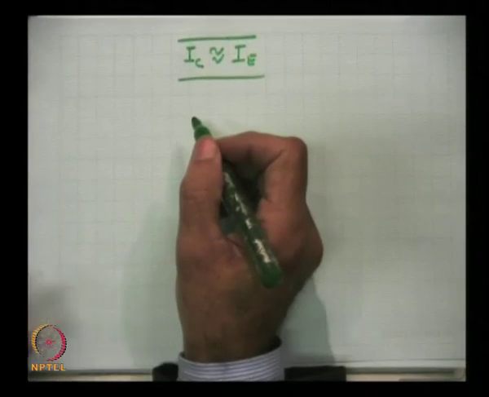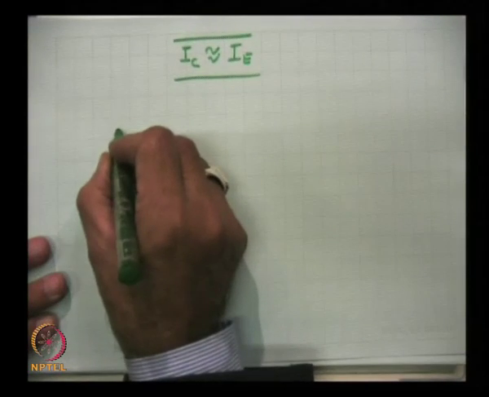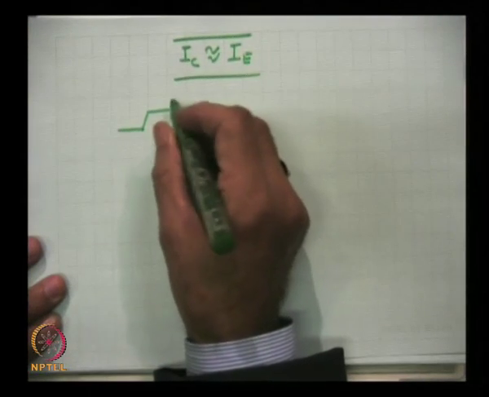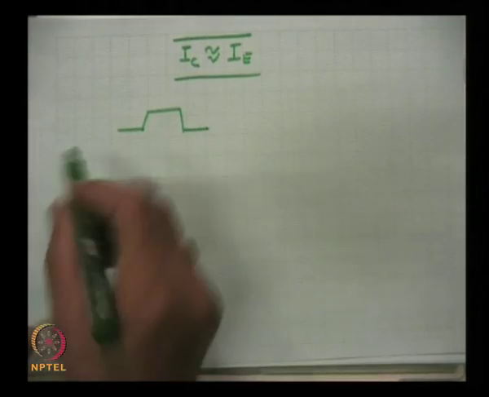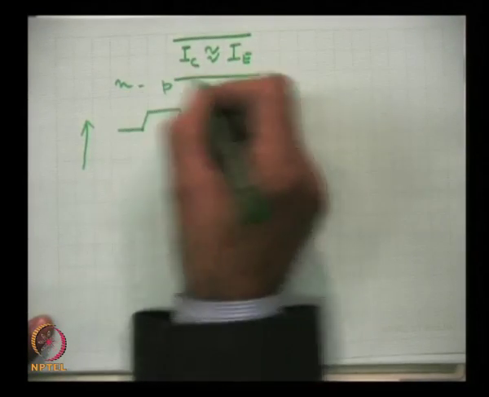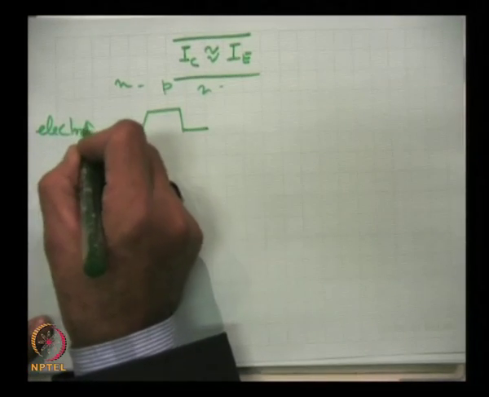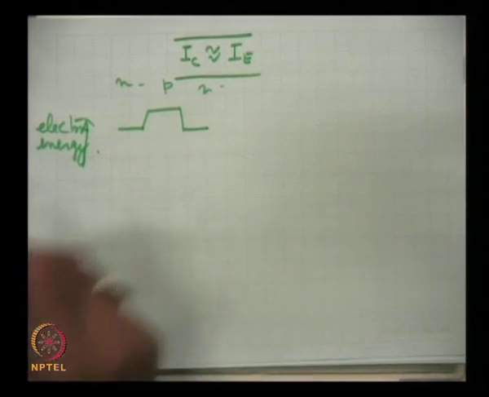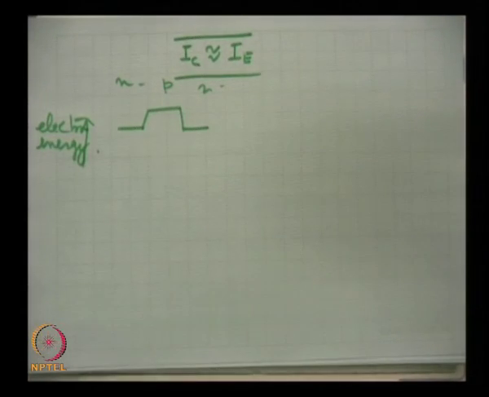We can discuss this with the help of the potential energy diagram also. So, let us first finish that part. Now this is the electron energy, this is the N region emitter, P region and N region, and electron energy is moving in this direction. For simplicity, I just draw half of the energy band diagram.